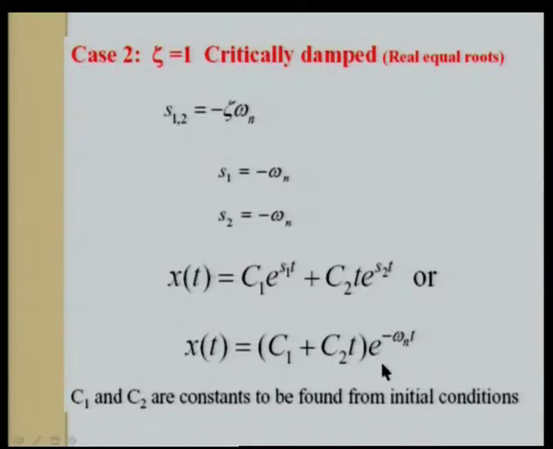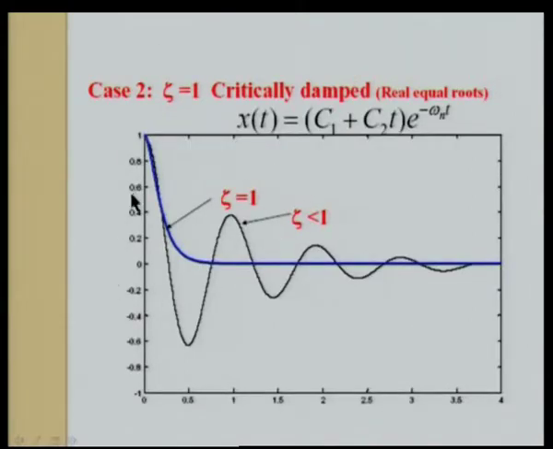Again, C1 and C2 are determined from the initial conditions. If you plot this response, as opposed to the oscillatory response, you clearly see that after the initial surge, the response comes to 0 practically very fast. So, this is a totally different behavior when the radical is changed for this kind of solution.